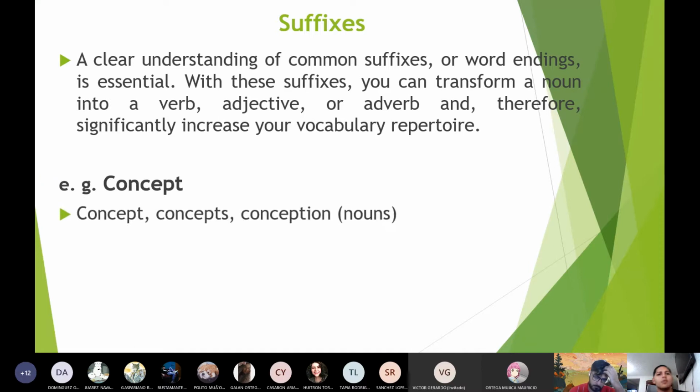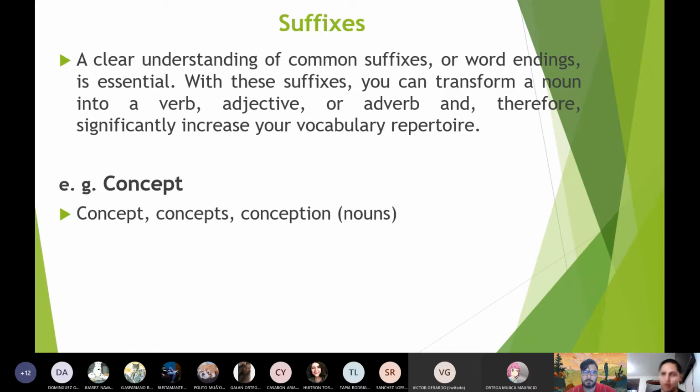Take a look at the example of concept. Okay, concept. Concept is a noun, right? Concept, an idea, right? An idea, a concept. Well, you can pluralize the word, and the S in concepts is already a suffix. Or you can change the noun into a higher register one, conception.